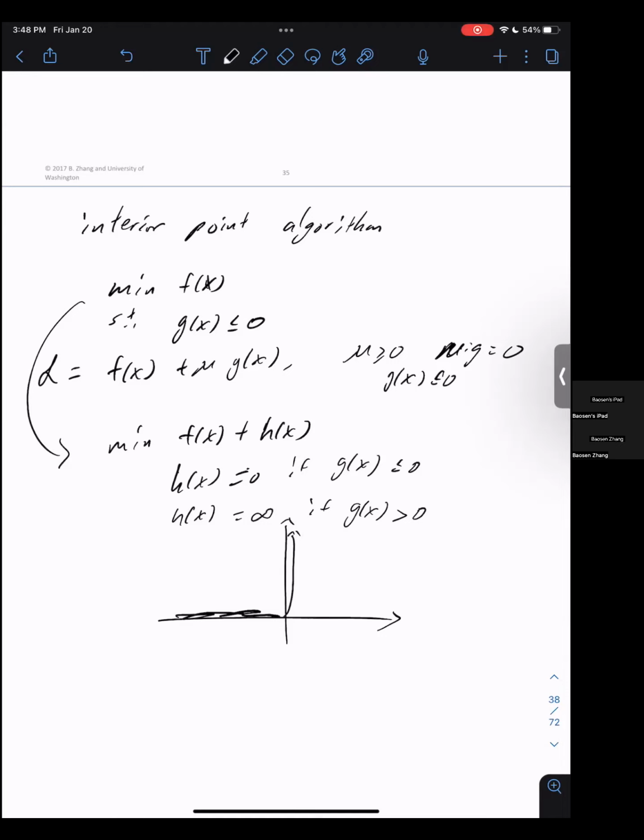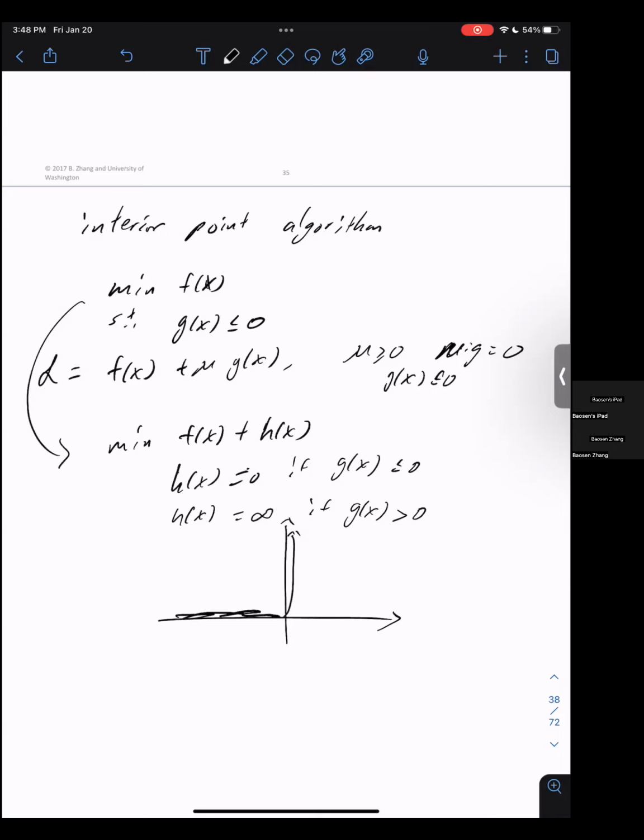What function, if you're far away from 0, doesn't care, but if you're very close to 0, shoots out to infinity?